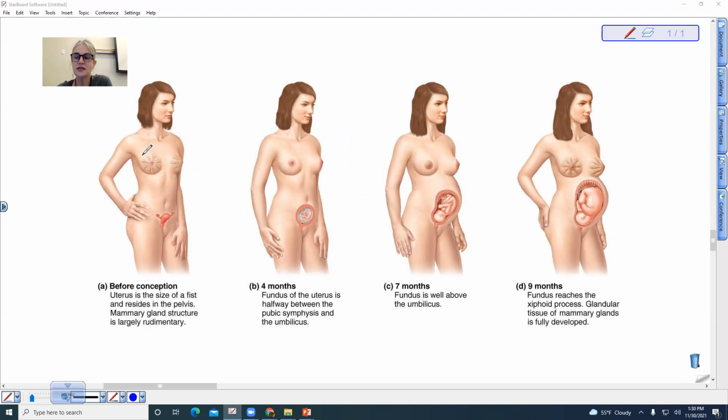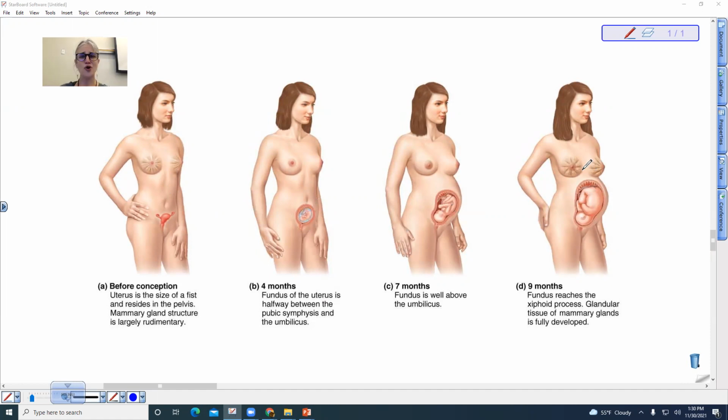You'll also notice that the mammary glands are not well developed, because it is prolactin which is going to cause the mammary glands to swell and cause the enlargement of the breasts. So at 4 months, it almost reaches the umbilicus. Here it is above the umbilicus, and at 9 months, it actually reaches the xiphoid process.